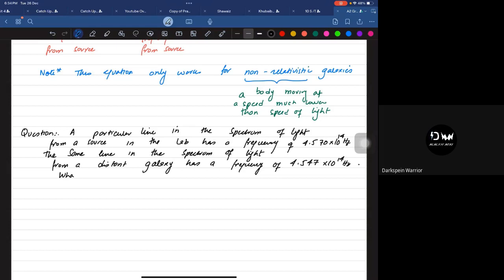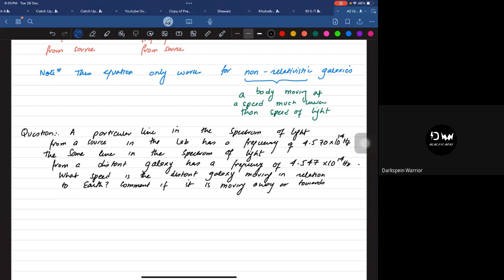Now, what speed is the distant galaxy moving in relation to Earth? Comment if it is moving away or towards the Earth.